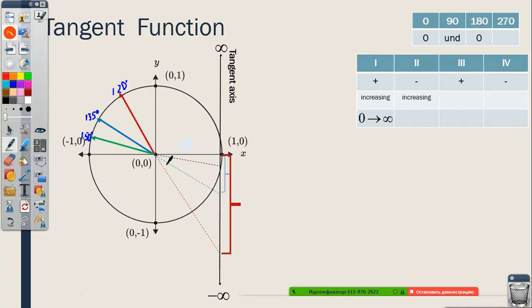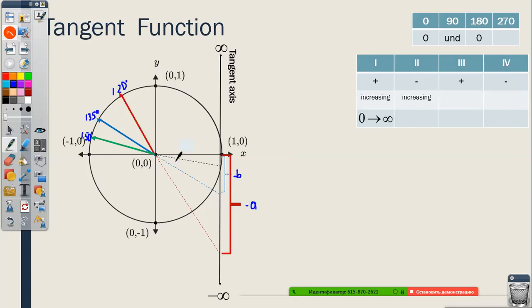For 120, the value is negative; let's say it is minus a, because it is under the x-axis. For 135, the tangent is minus b.